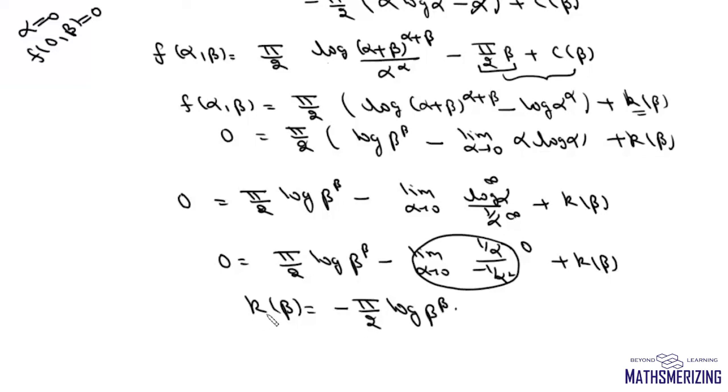So all we need to do is just put the value of k beta and then we'll have our function f alpha beta.